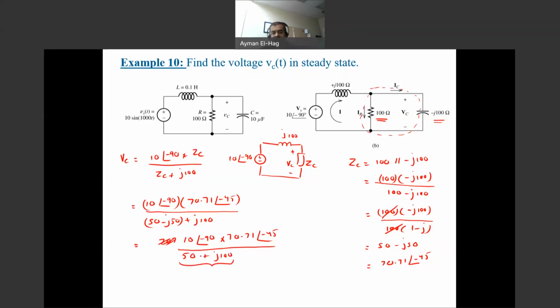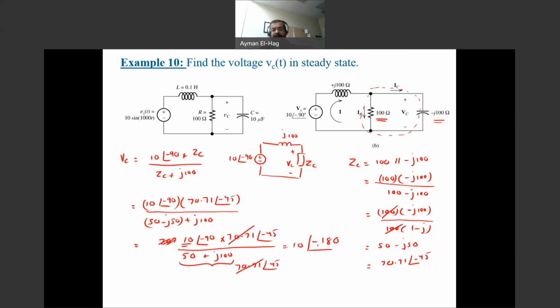Now, when we convert the denominator into polar, this becomes 70.71 angle of 45. So this will cancel. We'll have 10, and then we will add the angles: minus 90 plus minus 45 minus 45, so this becomes minus 180.